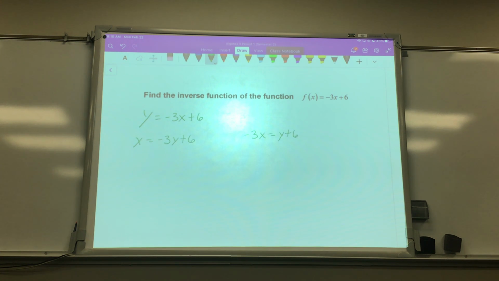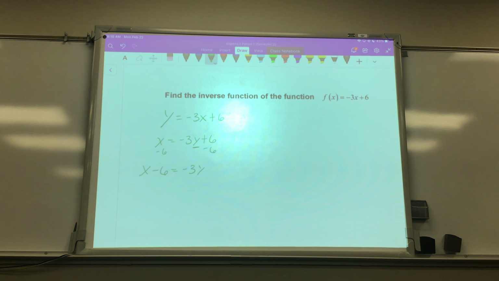The coefficient stays there. Mason, what's my next goal? Subtract the 6, because what's that going to help us do? Solve for y, right?